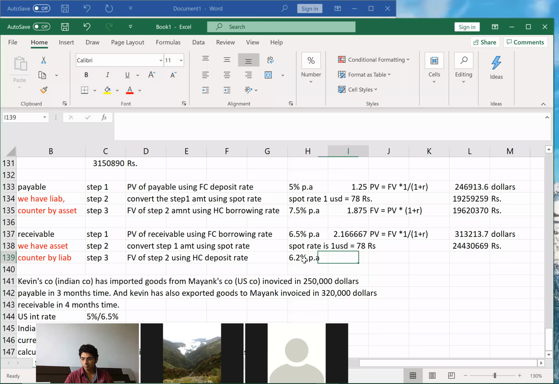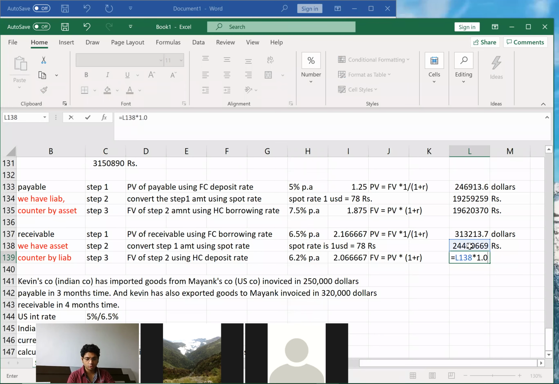So for 4 months will be 6.2 into 4 by 12. Future value formula remains same. So that will be this amount into 1.020667 rupees.